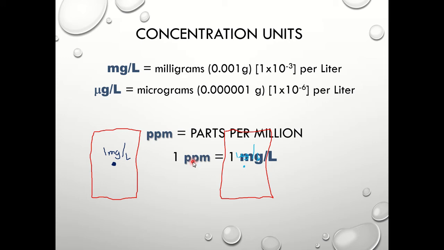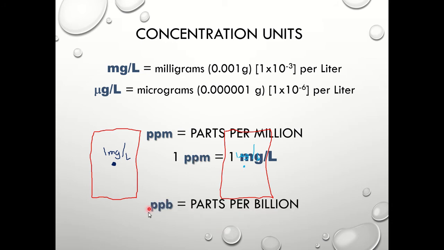When you get your water report every year from the city, if you have a city water supply, not a well, it tells you the concentration in parts per million, and it shows that they're meeting the required contaminant levels based on the EPA, the Environmental Protection Agency.